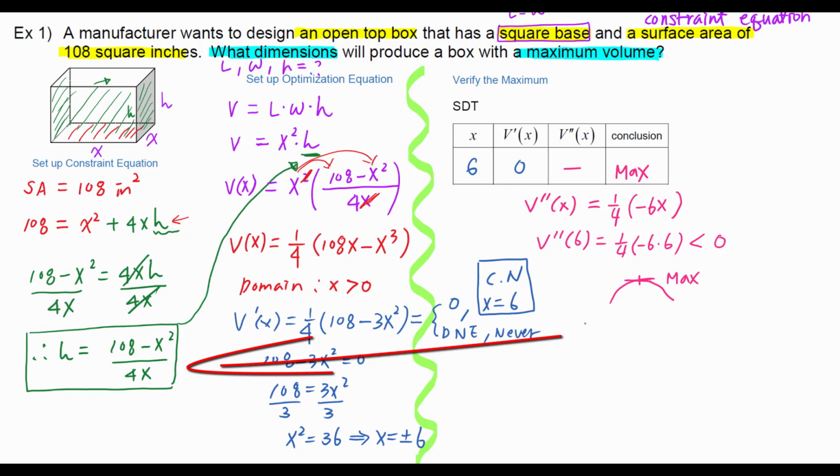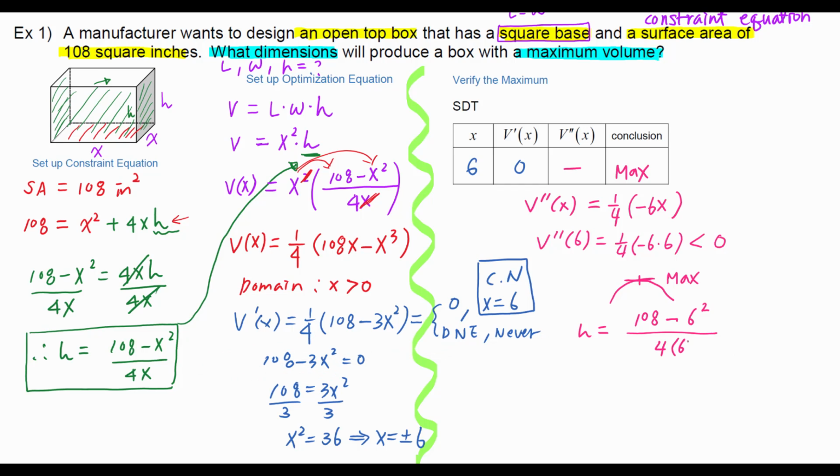So h is equal to (108 minus x squared) over 4x. My x is 6, which produces maximum volume, so that is 72 on the top over 24, which is equal to 3 inches.